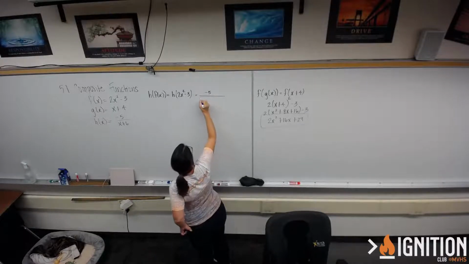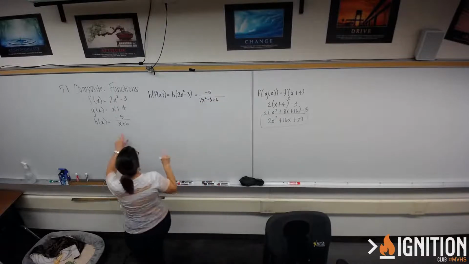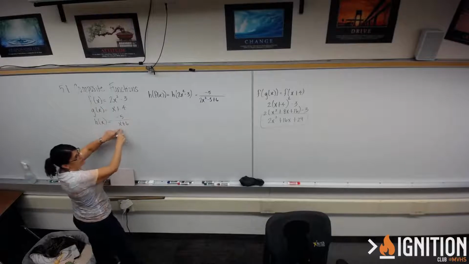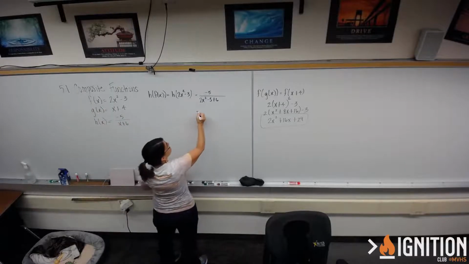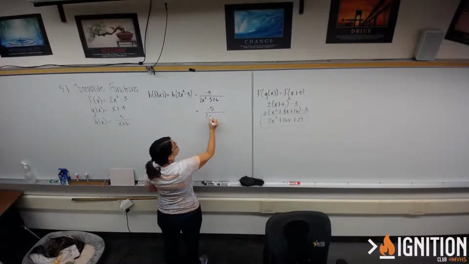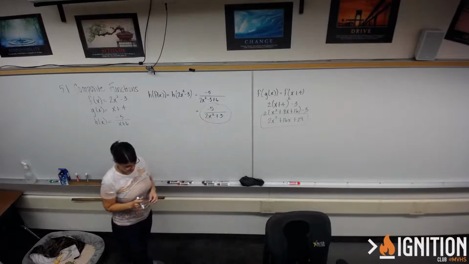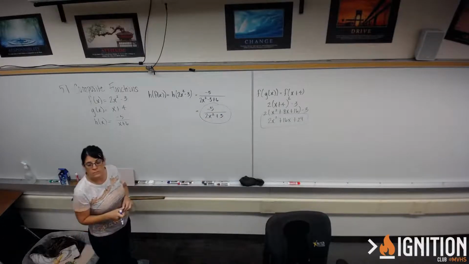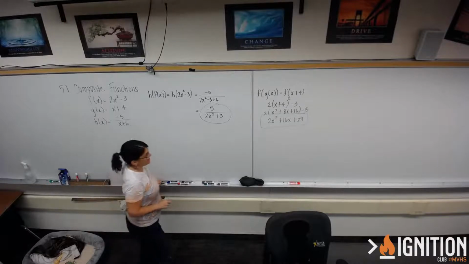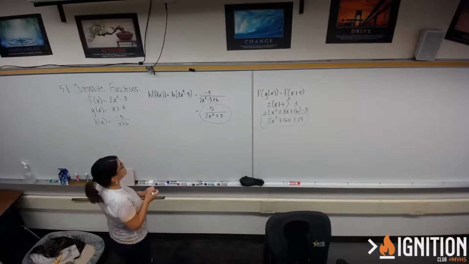So x is now 2x squared minus 3 plus 6. X went out. 2x squared minus 3 went in. So that's going to be negative 5 over 2x squared plus 3. And of course, the kicker will be the h of h.